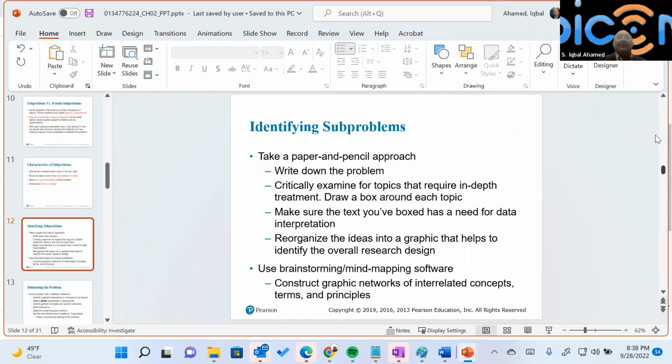And even when you write it down, maybe you find several keywords, right? And then see if you can relate them with some data. Sometimes you try to draw some diagrams or graphs of what you are trying to achieve.